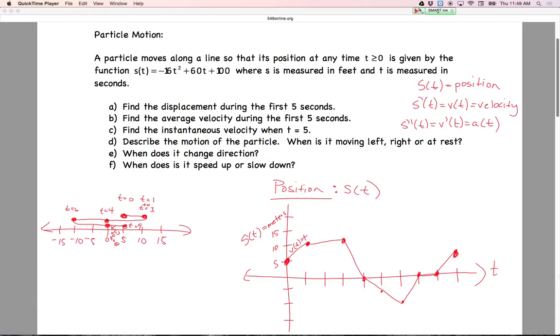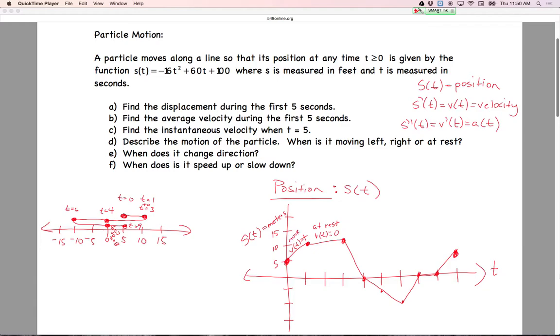It's above the x-axis. What's the position doing here? Is it moving right? Is it moving left? No. It's sitting still, so velocity is 0. It's at rest. Let's put here, that was at rest. This was forward.